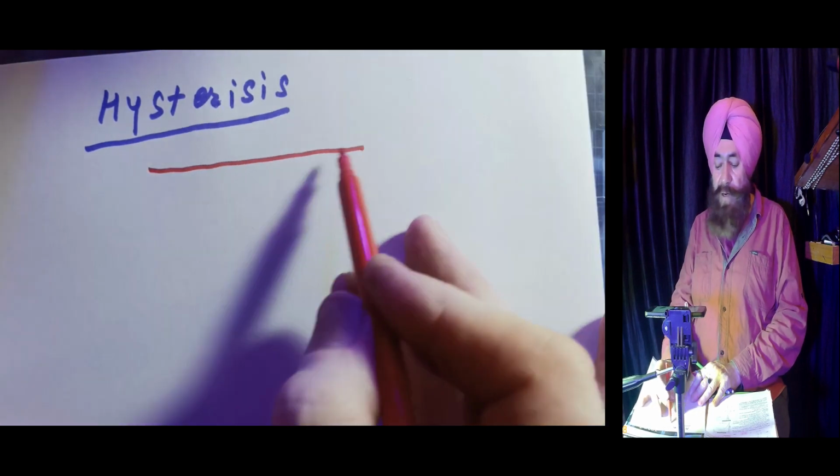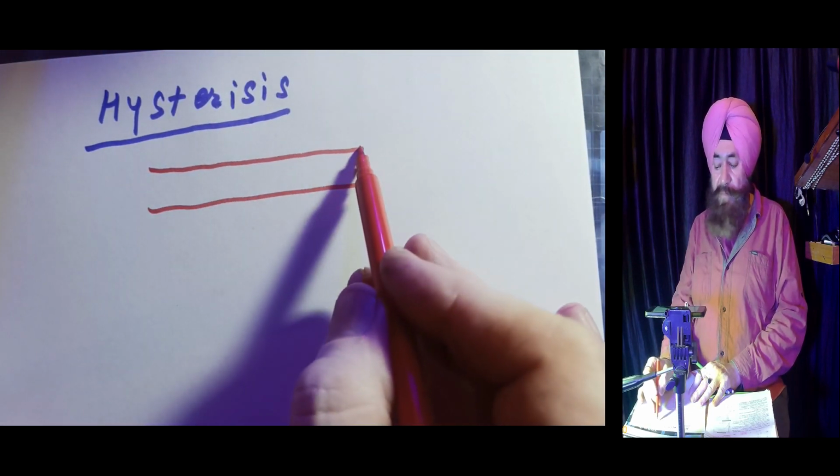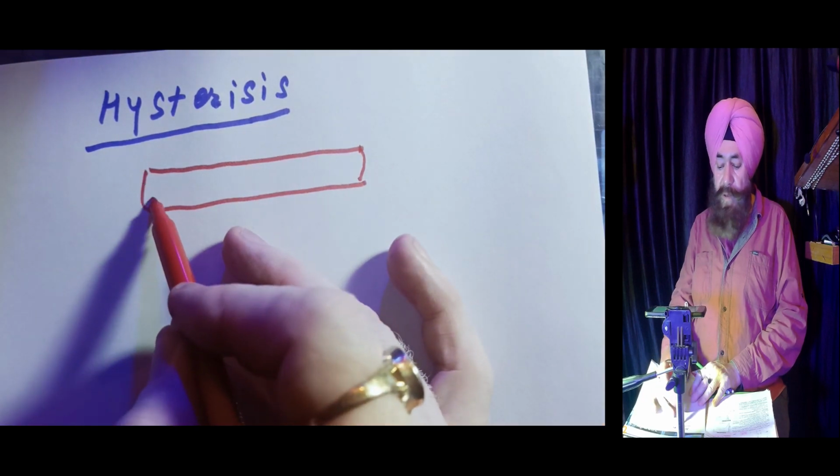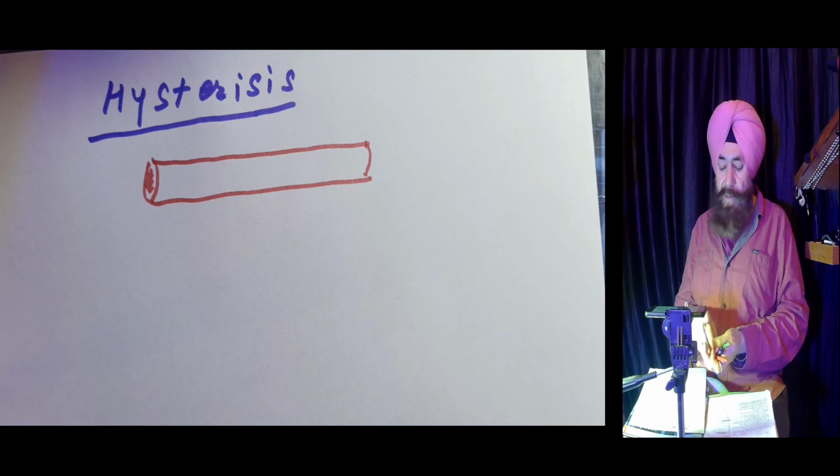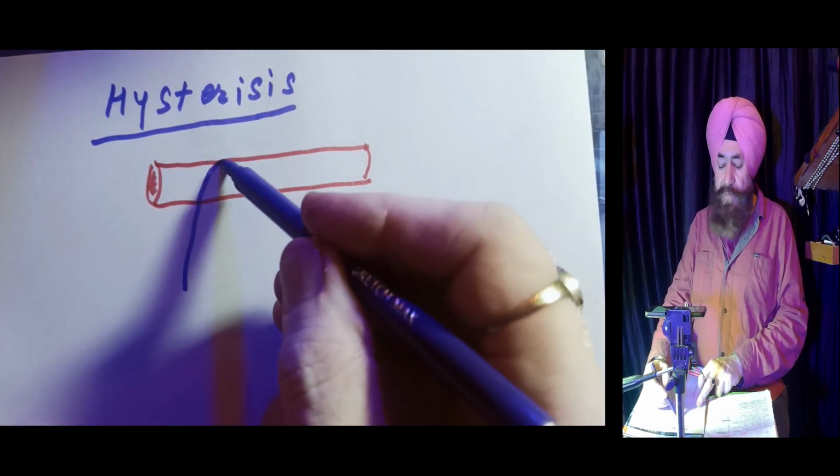Same example: I have an iron piece and there is a coil.